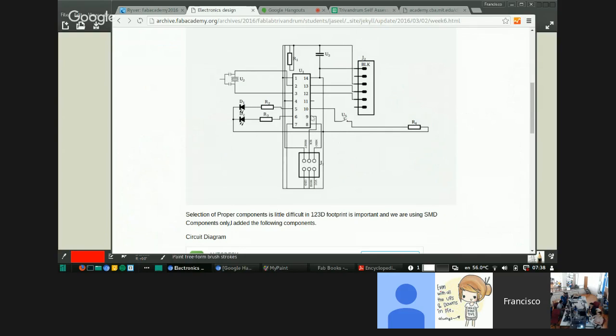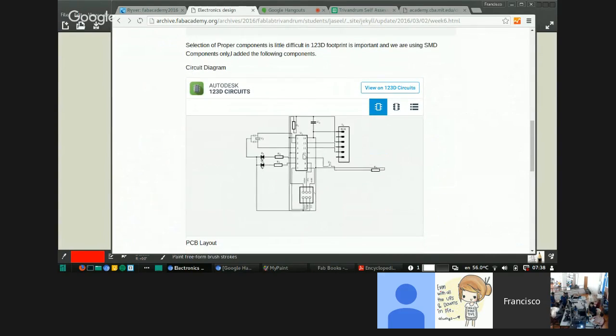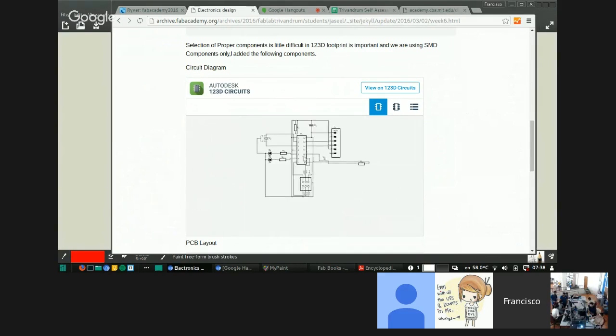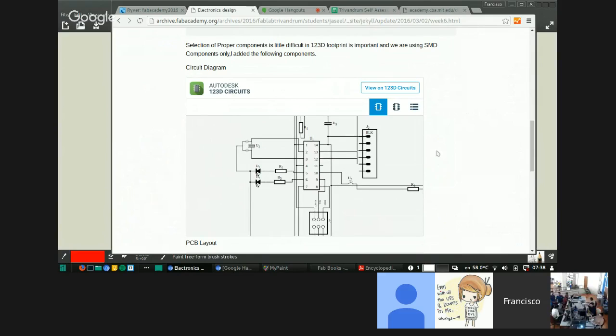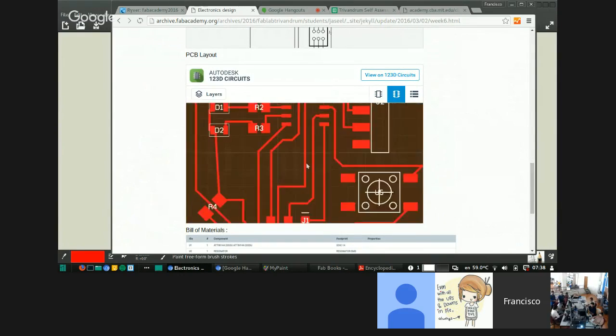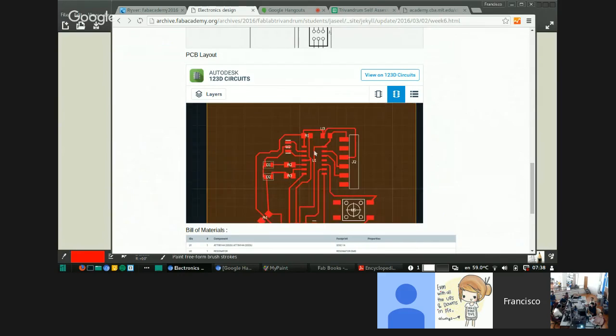In 1, 2, 3 are all the components. Oh, you can embed also? Oh, nice. It's a nice way of showing this. Yeah, this one is 3D.